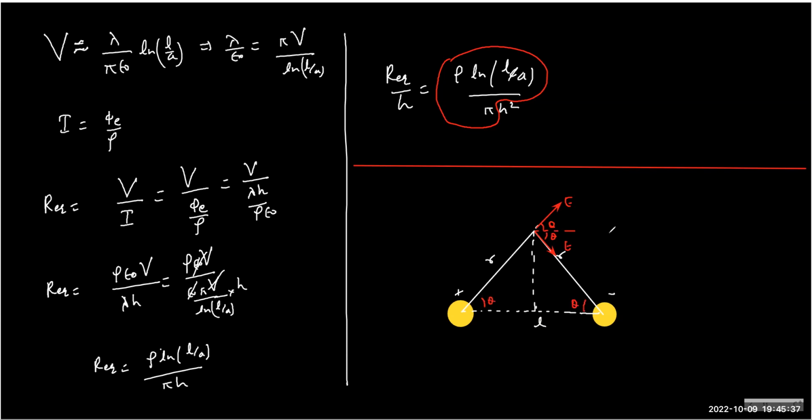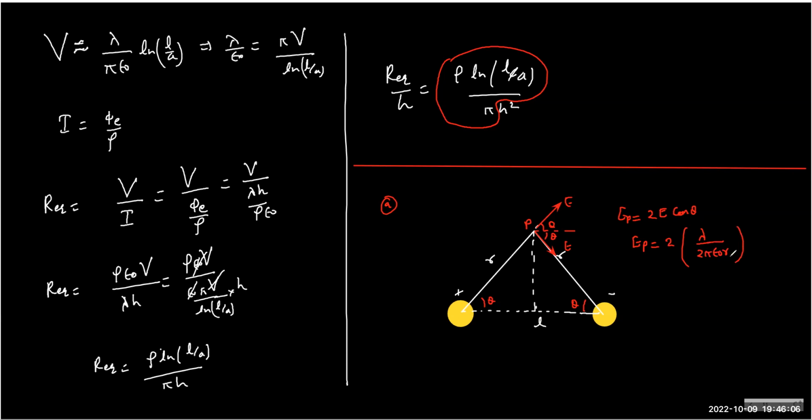So if I call the point P, EP is how much, guys? 2E cos theta. So the net field is 2E cos theta, and we know the field formula due to what do we say? Infinite line charge. That is lambda by 2 pi epsilon r. We have done this before.